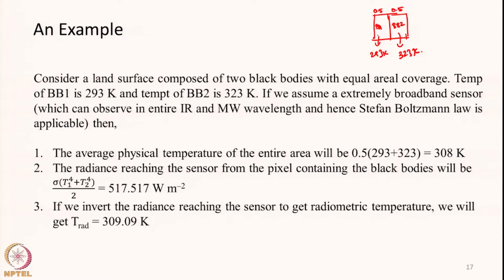Let us say some thermal sensor is observing this, and for the sake of simplicity and just for explanation purposes, here I am assuming the sensor is not actually a thermal sensor, it is a sensor that can sense radiation in the entire wavelength range, 0 to infinity. That is impossible to have, but just for the sake of a simplified example I am taking this.